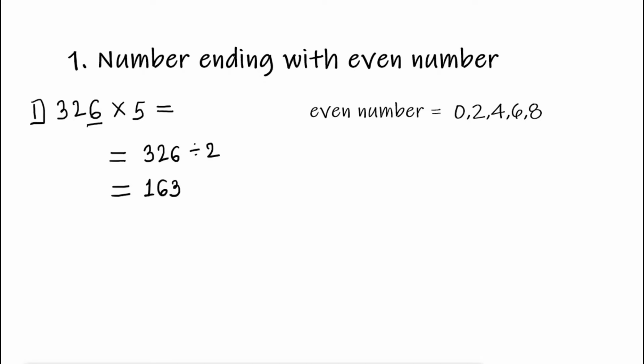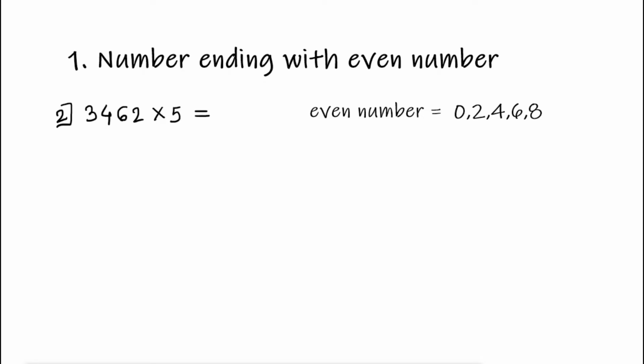Second step: multiply the answer by 10, so the answer is 1630. This is the final answer: 326 multiplied by 5 is equal to 1630.